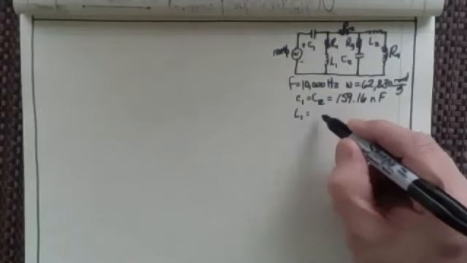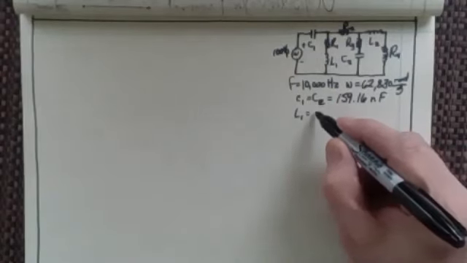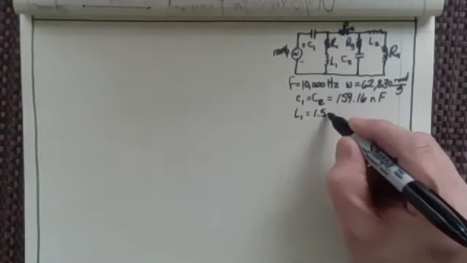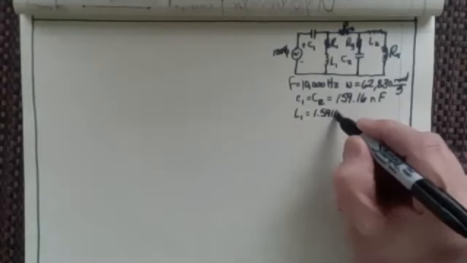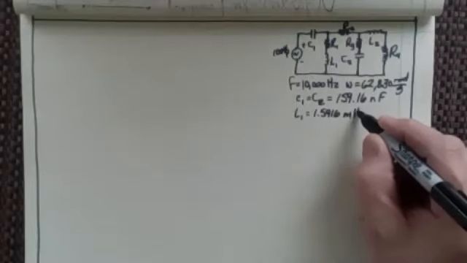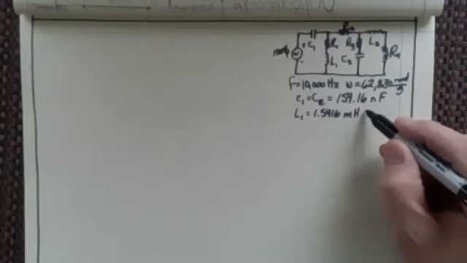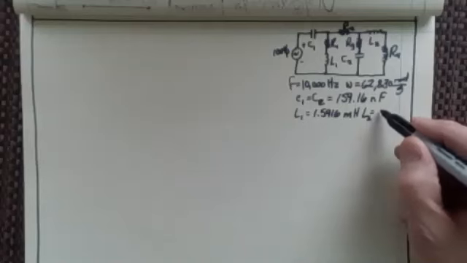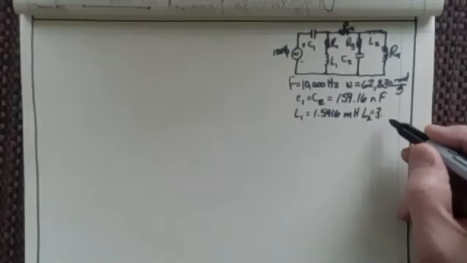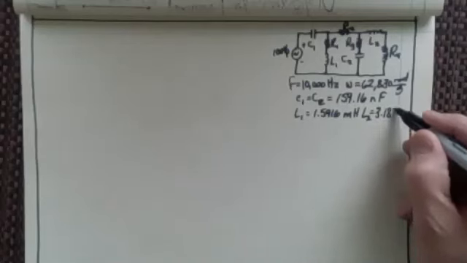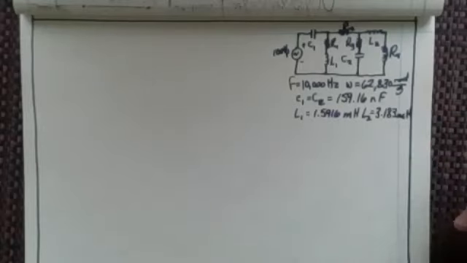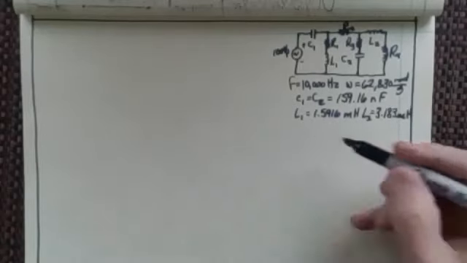L1 is going to be 1.5 millihenries. And again, I chose that so that it would come out to be 100 ohms for L1. And then L2 is going to be 3.183 millihenries. That would be double, and so that would come out there.